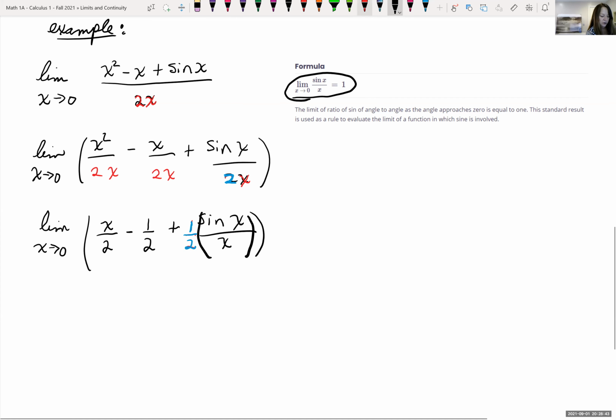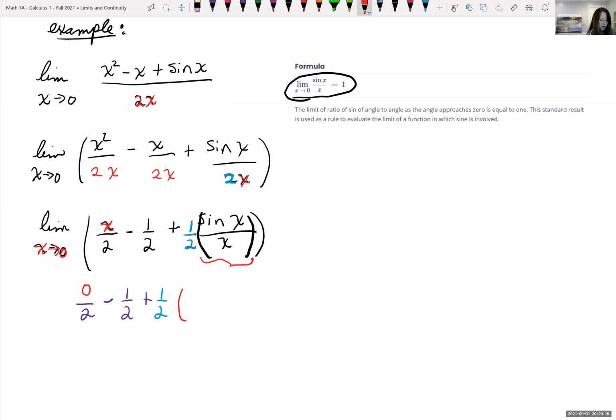So we're going to do direct substitution. Wherever we see an x, we're going to plug in 0, except for that last piece. We know that that's 1. If you plug in 0, well, 0 over 2 minus, notice there's no x for this term 1/2, so just rewrite 1/2 plus this 1/2 and sine of x over x as x goes to 0.